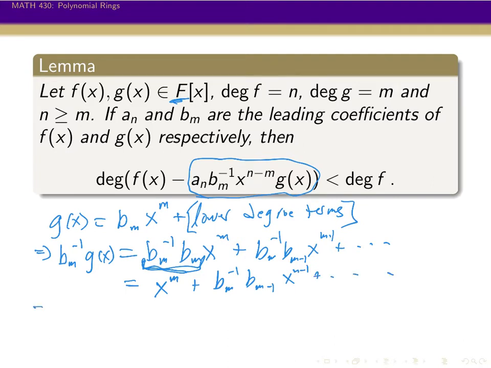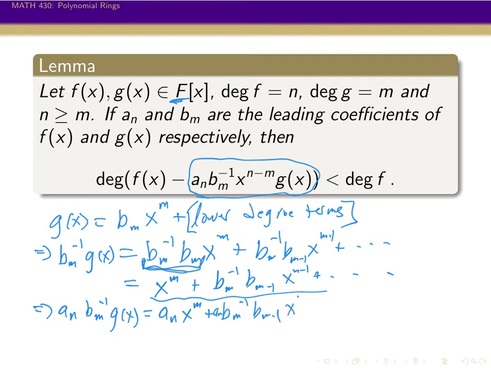And then if we multiply this by a sub n, now we're going to be multiplying all of this by a sub n, and so we're going to put an a sub n in there. Now we have leading coefficient of this being a sub n, which matches the leading coefficient of f.